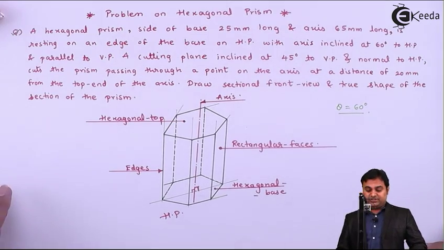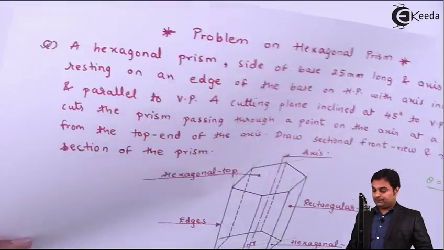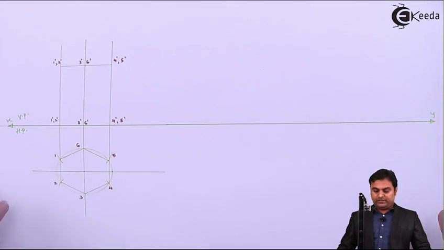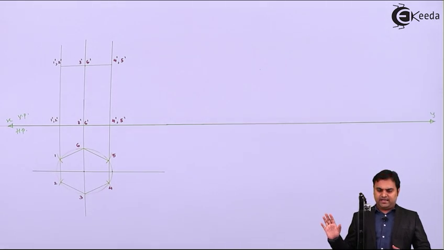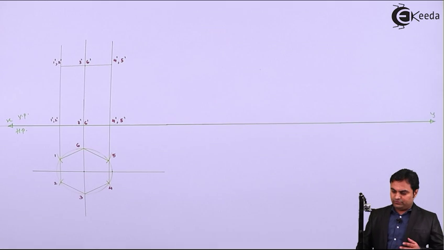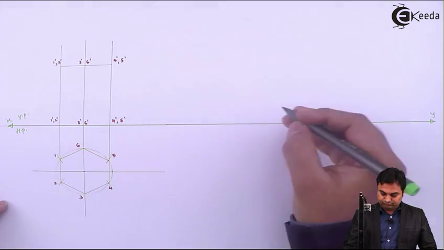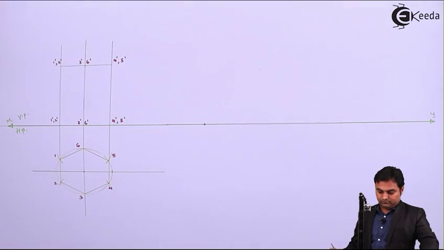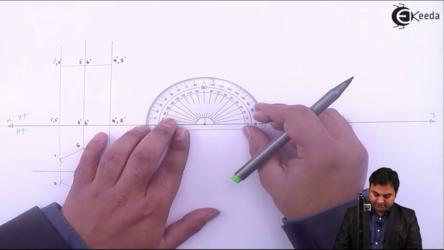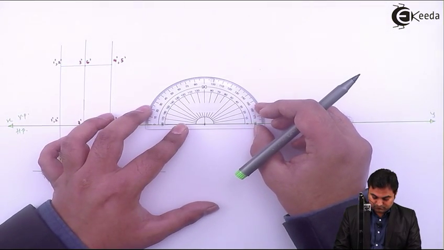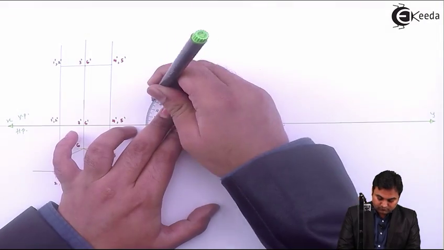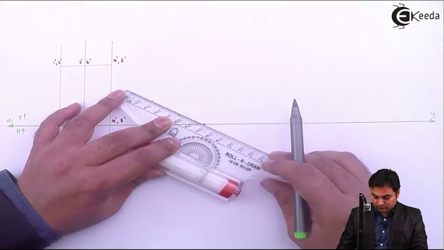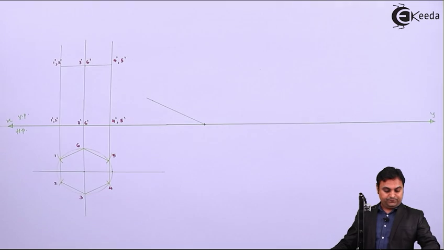So in the next condition, I'll make this base inclined at 30 degree, so that axis becomes inclined at 60 degree, and then I'm going to plot it. So let us get started here. Selecting a point, then measuring an angle of 30 degrees. Drawing a light line through it.